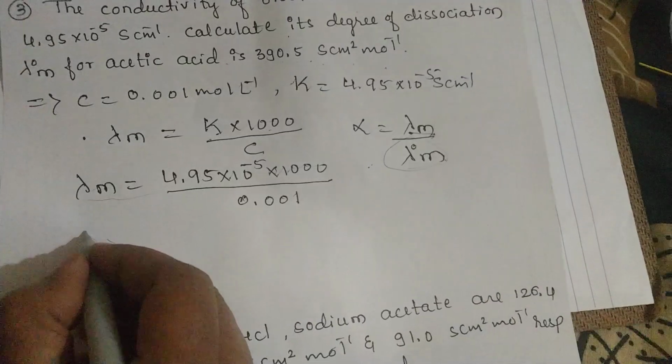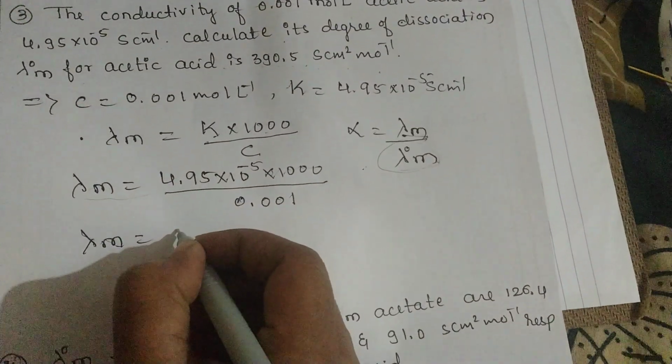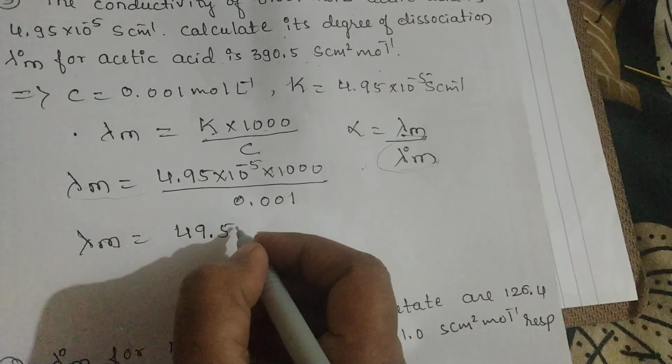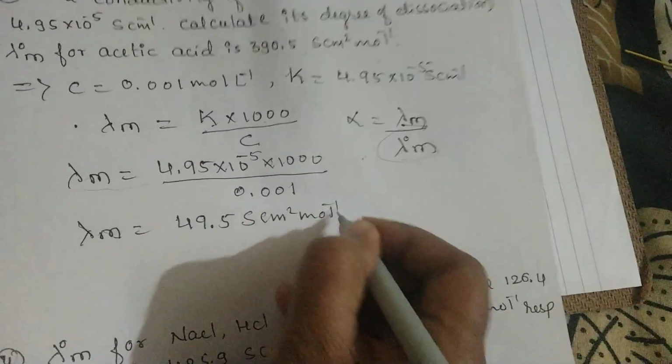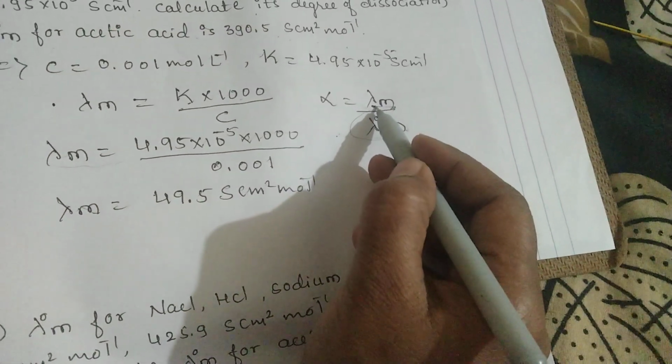After calculating you will get lambda m is equal to 49.5 Siemens centimeter square per mole. So we have found the value.